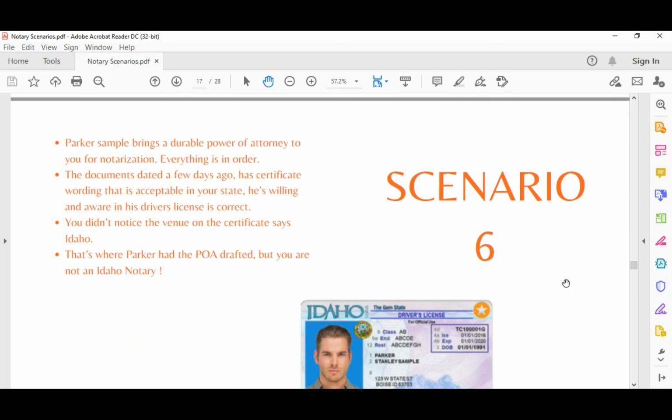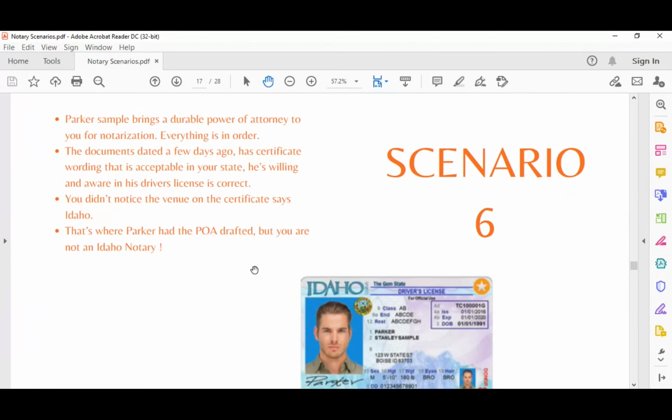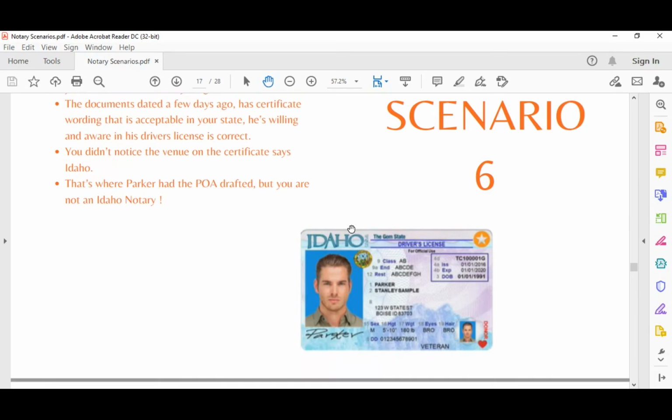He's willing and aware, his driver's license is correct, but the venue on the certificate says Idaho, okay? Well, I'm sorry, you did notice that it does say Idaho. This is a typo, I'm sorry. That's where Parker had his power of attorney, that's what POA stands for, power of attorney, drafted. But you're not in Idaho, right? So let's see what we have to do.